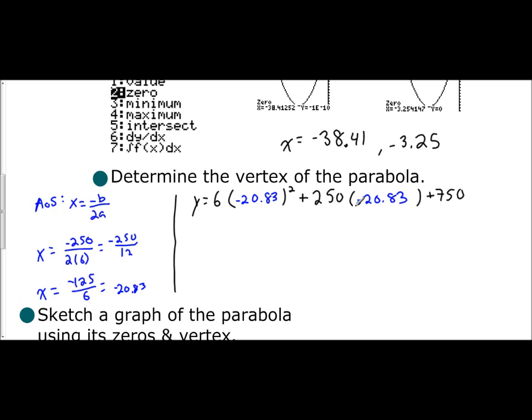And if I were to put this into my calculator, I would get y equals negative 1,854.16. And so the vertex is negative 20.83, negative 1,854.16 for my coordinate.